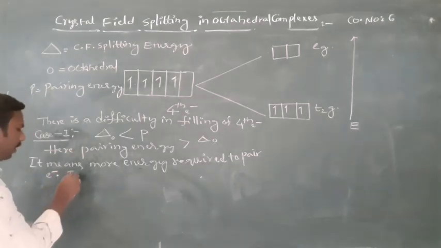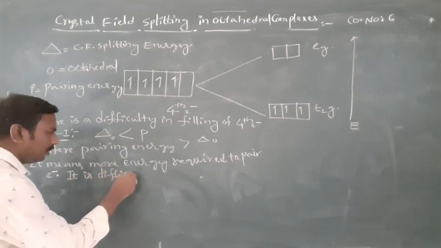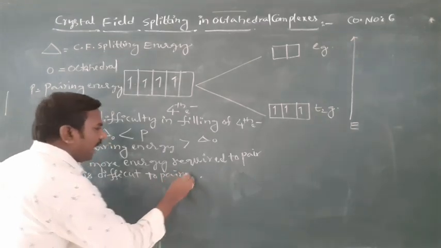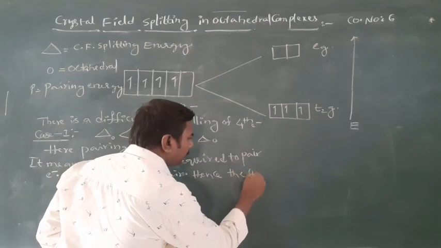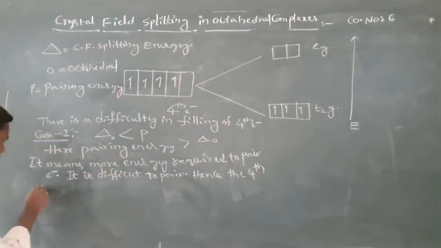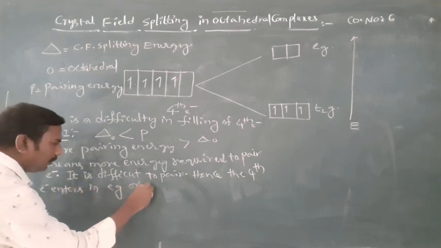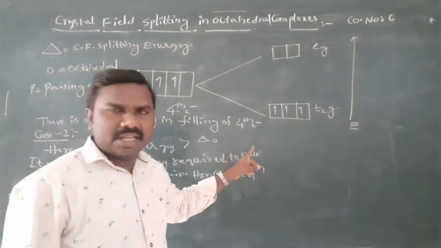So it is difficult to pair. Hence, the fourth electron enters into the eg orbital, because the reason is more pairing energy is there.